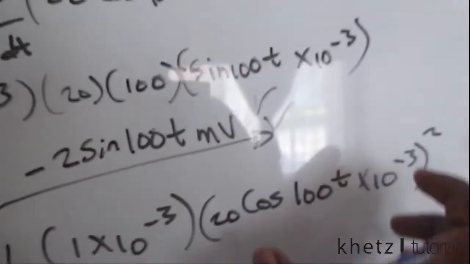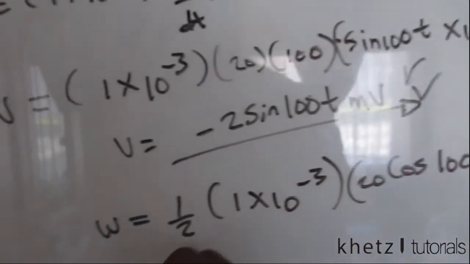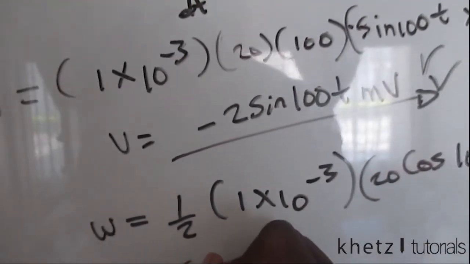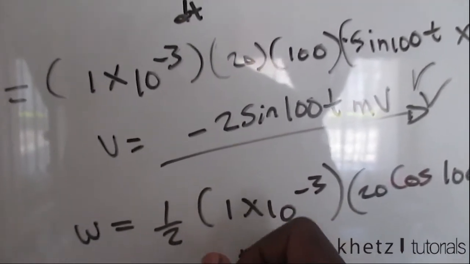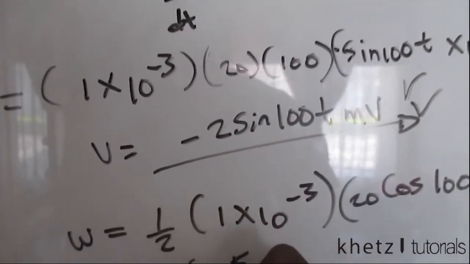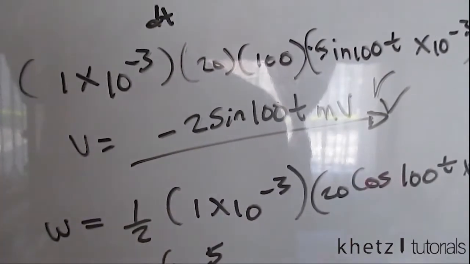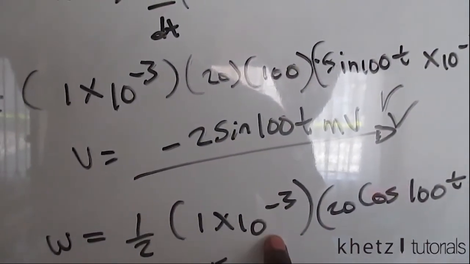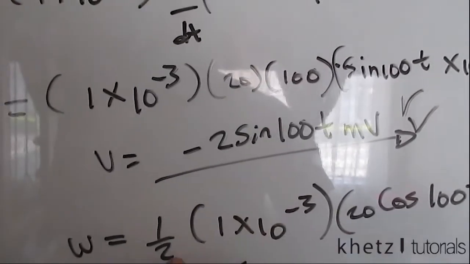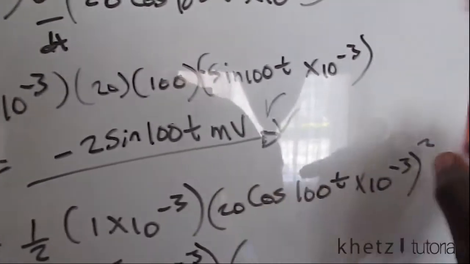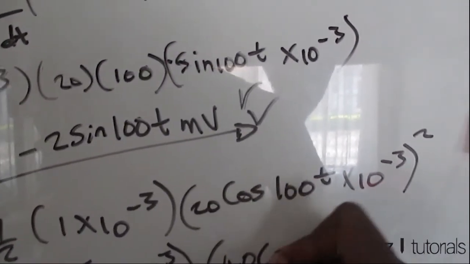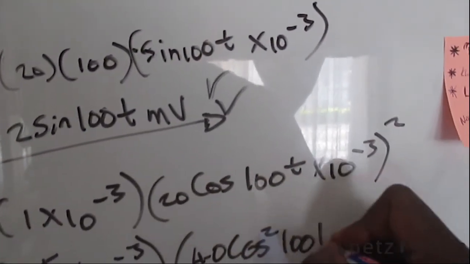Now all we have to do is square this and multiply through. So W is equal to 0.5 multiplied by 10 to the minus 3, and squaring this, we have 40 cos squared 100t.